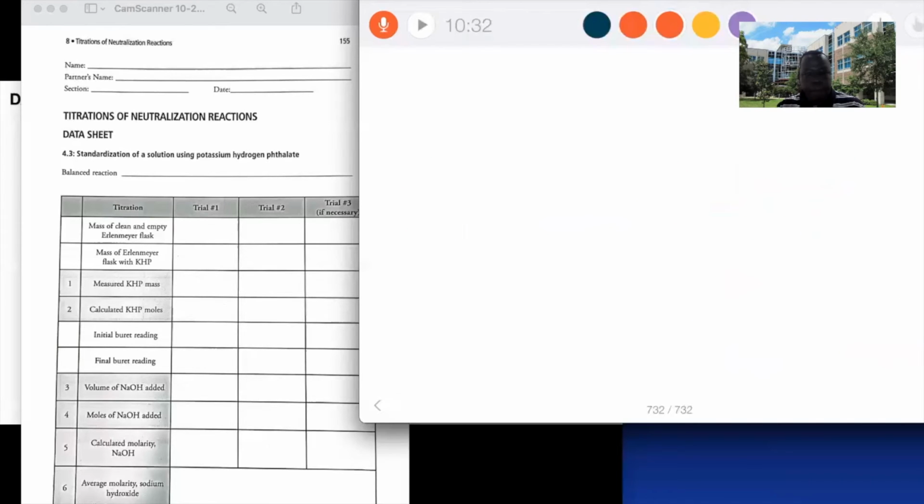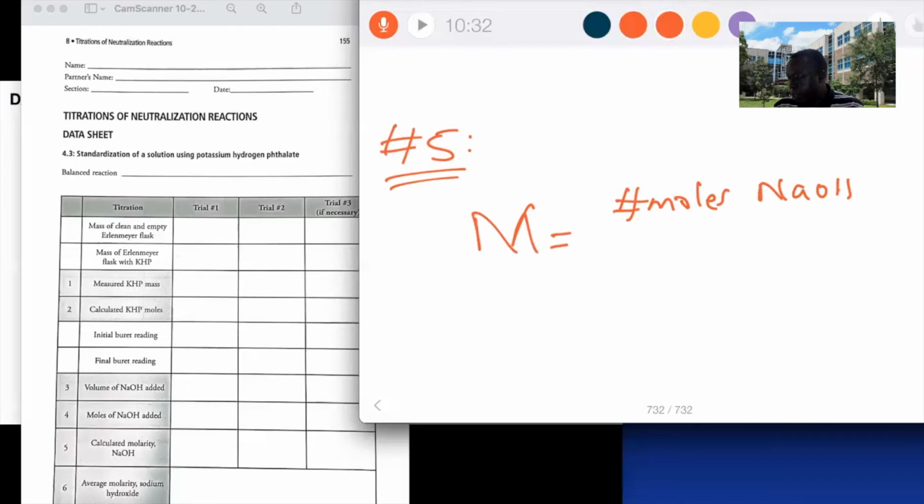Now, line number 5, this is molarity or concentration. Molarity is given by the number of moles of NaOH over the volume in liters of NaOH.